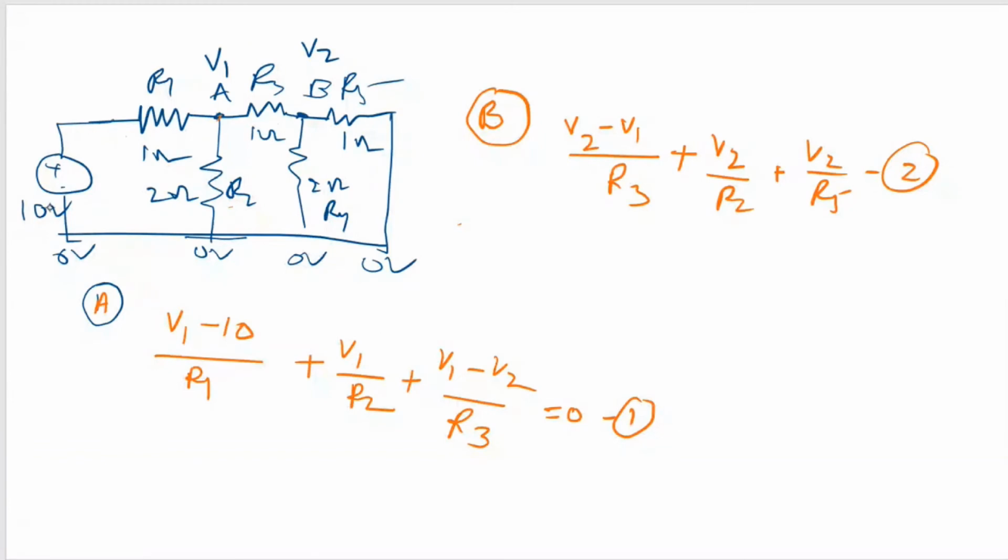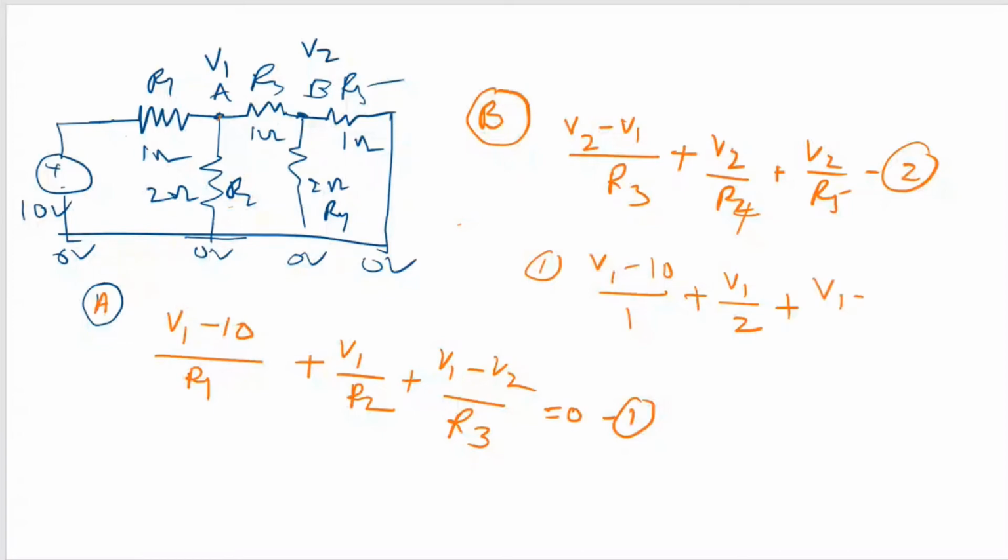What is R1? 1 ohm. So the first equation becomes V1 minus 10 by 1, plus V1 by 2 ohms, plus V1 minus V2 divided by R3, which is again 1 ohm, is equal to 0. The first equation becomes like this, and the second equation will become V2 minus V1 by 1.